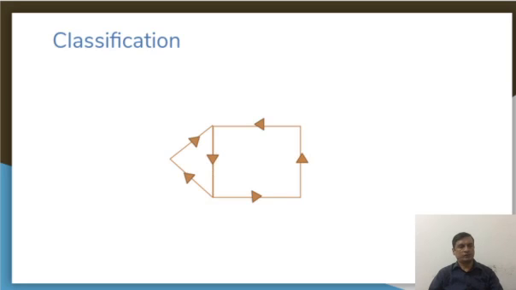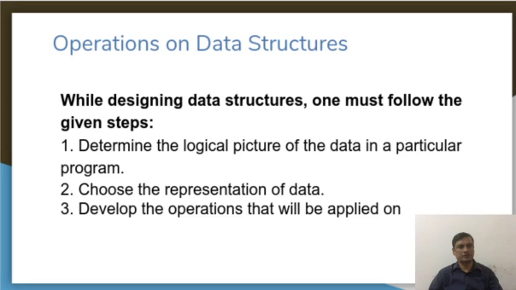In continuation with the previous class discussion, we'll today discuss the operations on the data structures. Before designing any project, we need to concentrate on what kind of data structures need to be designed for that particular project. We need to understand these three aspects of any design of data structures.